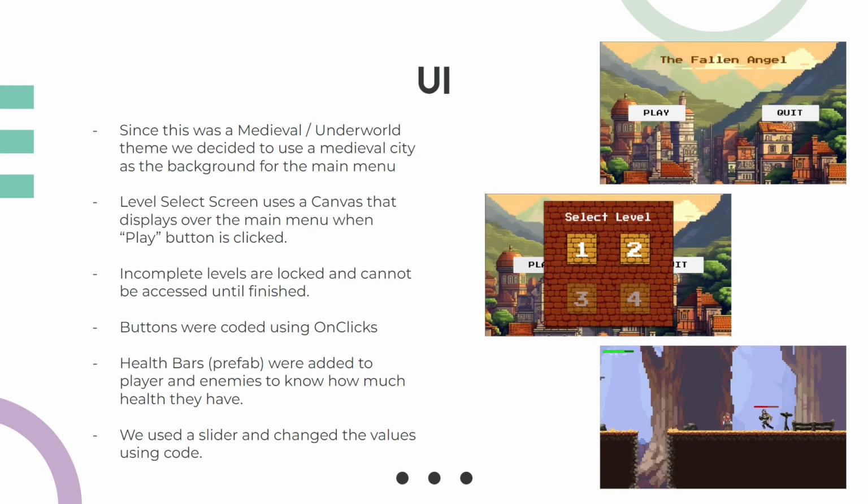The player health bar is in the top left of the screen, always there, just letting the user know how much health the player has. And then every time you attack an enemy, their health bar will go down. We used sliders and different prefabs to code the health bars.